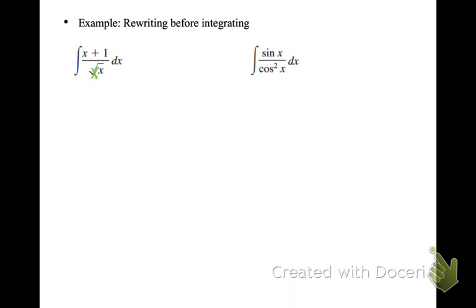So this is x to the 1/2, yes? So I can divide this and this by x to the 1/2, can't I? Okay, so x to the first divided by x to the 1/2 would be x to the 1/2. And 1 divided by x to the 1/2 would be just x to the negative 1/2. Oops, I forgot my dx's.